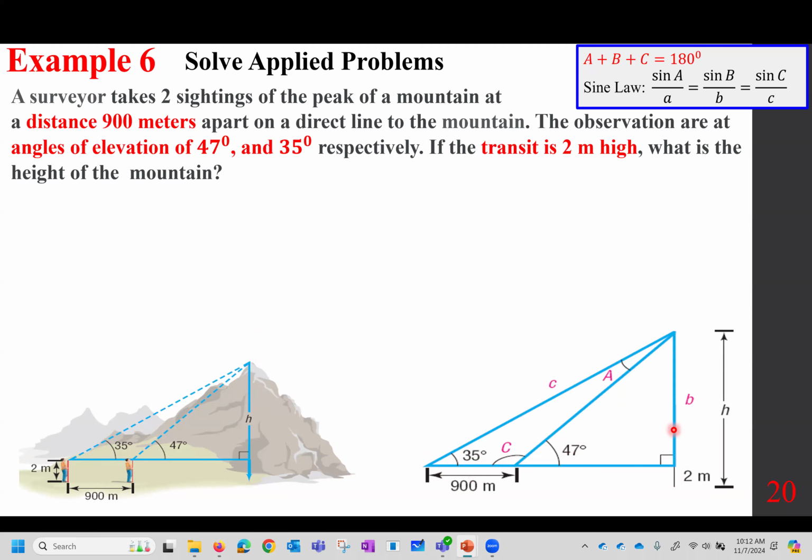This is the B side of the triangle, and this is 2 meters. H is B plus 2. So let's call this B, let's call this D, let's call this C. H is what we are interested in, the sum of B and 2 meters.